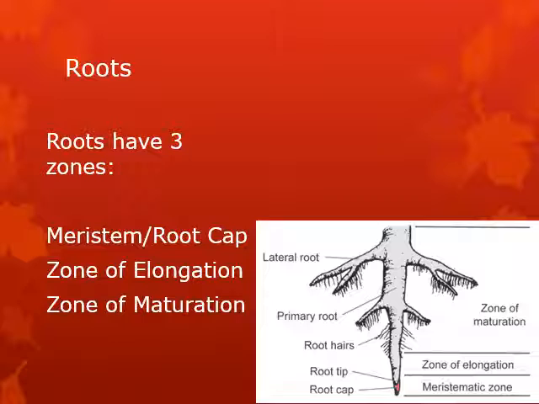The next level up, those new cells that were just created are getting longer in the zone of elongation, which helps push the root deeper into the ground. And then that's followed by the zone of maturation, where the cells start taking on their final adult characteristics. Obviously, this is just to produce new root cells. Something similar happens at the top of the plant.